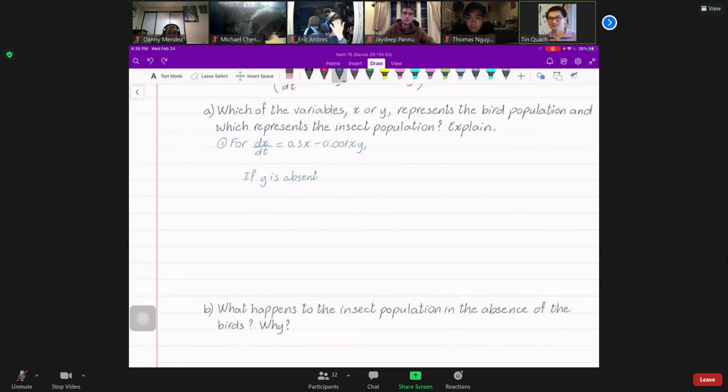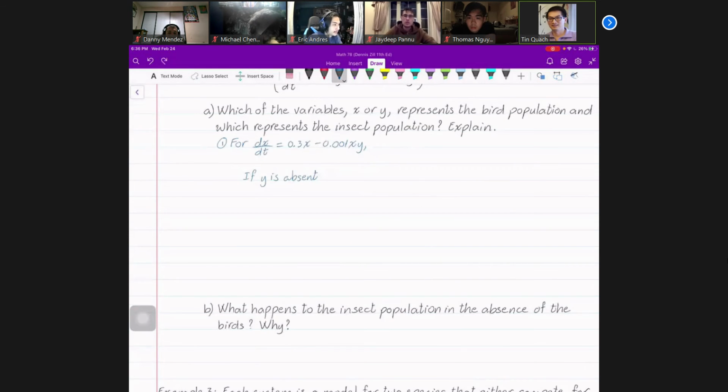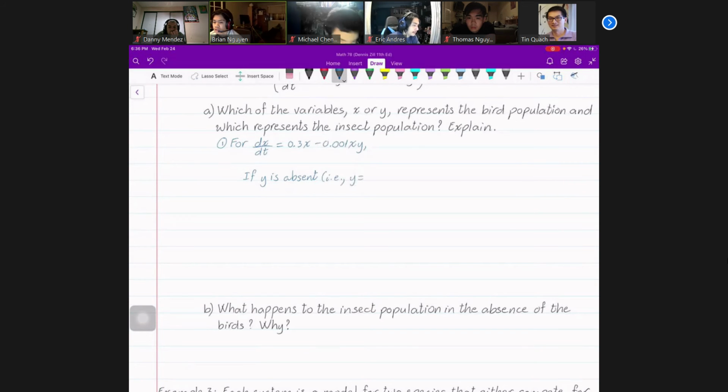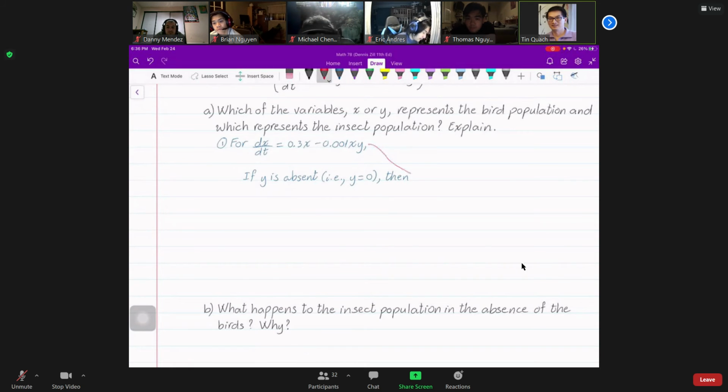Is it 0? Yeah, 0. That is, y is 0, right? So if y is 0, then this differential equation becomes what? 0.3x, right?